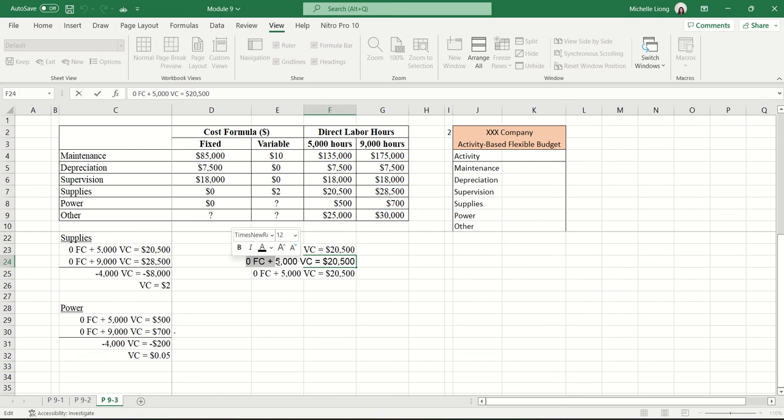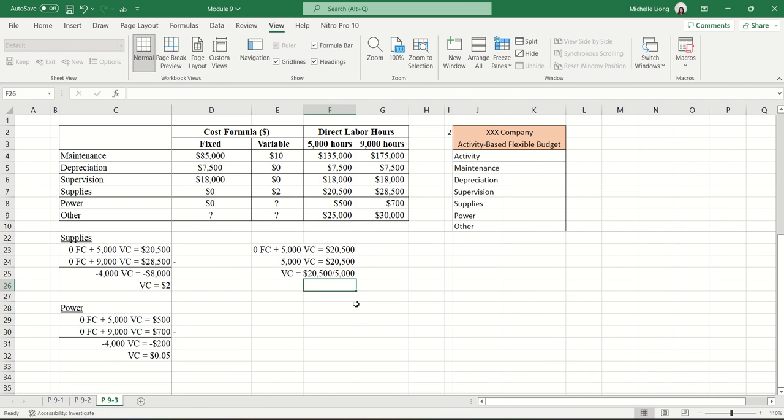We can say that 0 times this is different as it's 0. So we get this, and we can get that the VC is 20,500 divided by 5,000. Okay, and we got it that the VC is 4.1. So it's different.